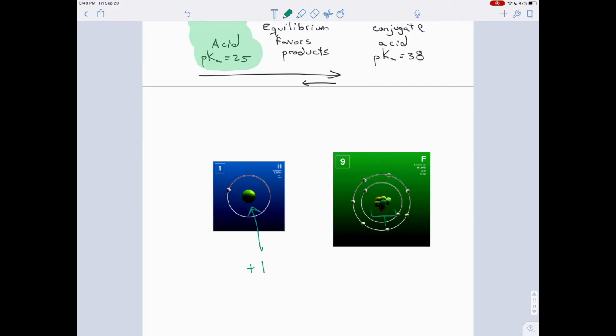Fluorine, though, has many more protons in its nucleus. It has 9. And so it is more electronegative. All that positive charge is going to attract those valence electrons. It'll bring them closer to the nucleus. And when the valence electrons, that negative charge, get closer to the nucleus, it gets stabilized more.